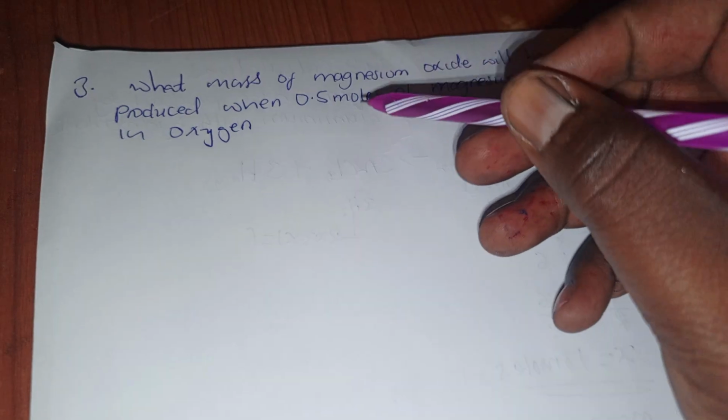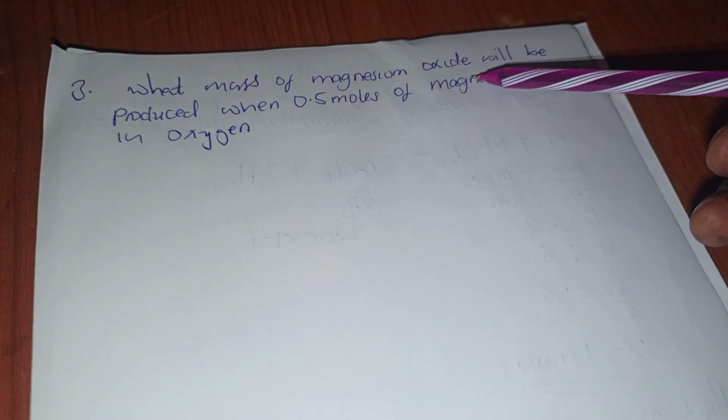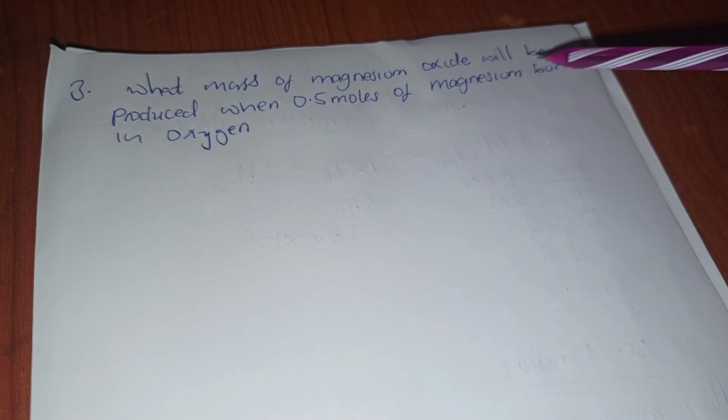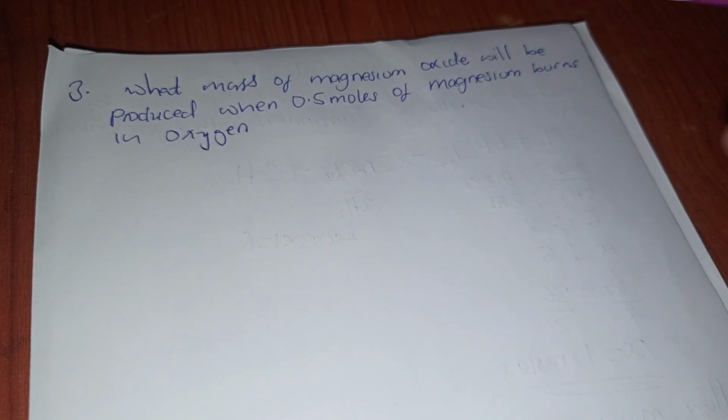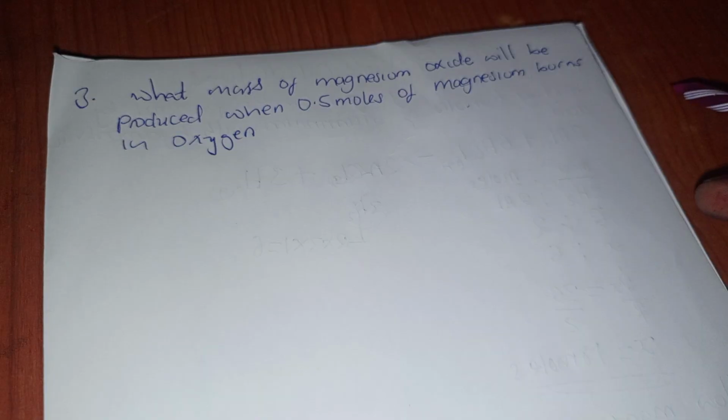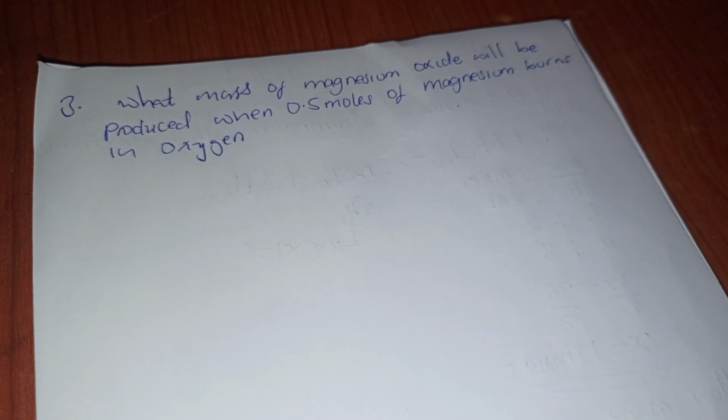Question 3 is saying, what mass of magnesium oxide will be produced when 0.5 moles of magnesium burns in oxygen? So the product here is magnesium oxide. So magnesium burns in oxygen to produce magnesium oxide, which means the first stage we need to write the equation.